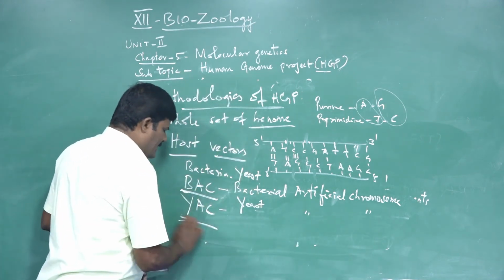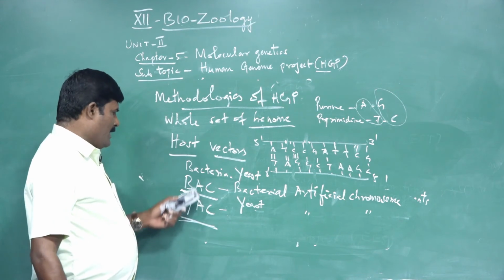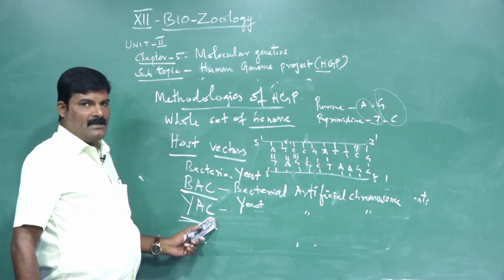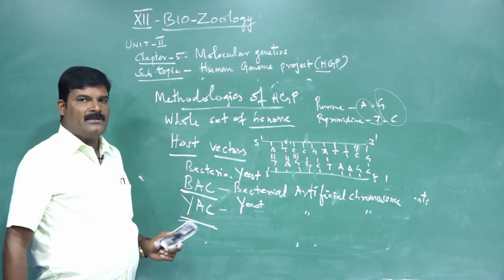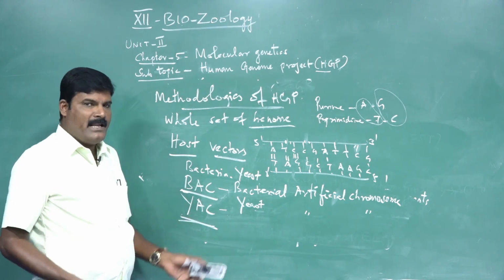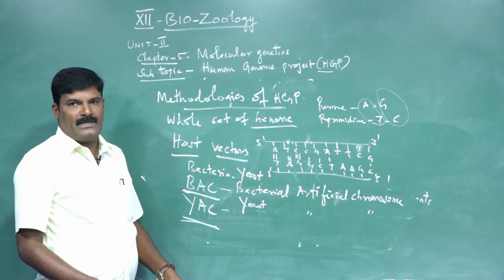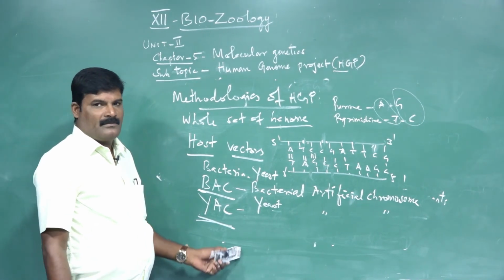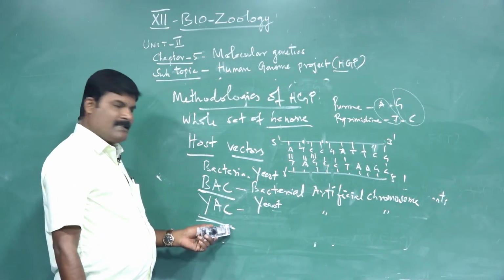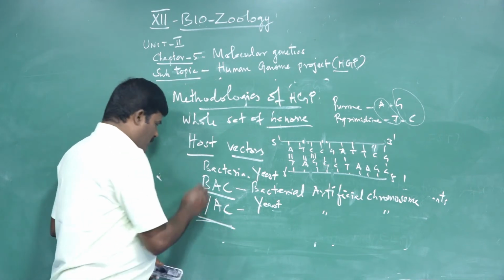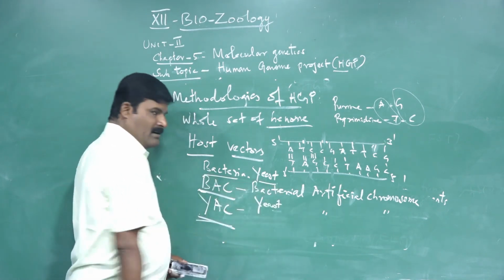There are 2 organisms used, one is bacteria, another one is yeast. These 2 organisms act as the vector that carries the DNA fragments, multiple copies of DNA fragments. So this is an important part, bacteria and yeast organisms.